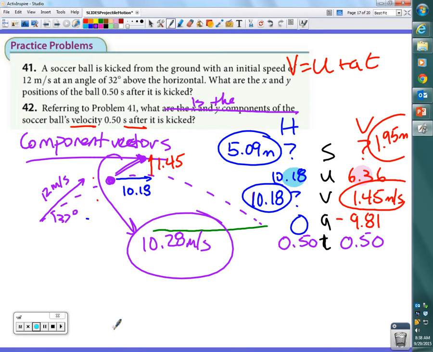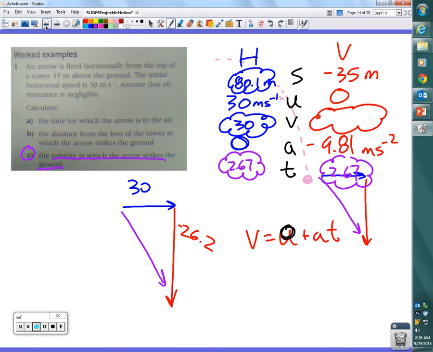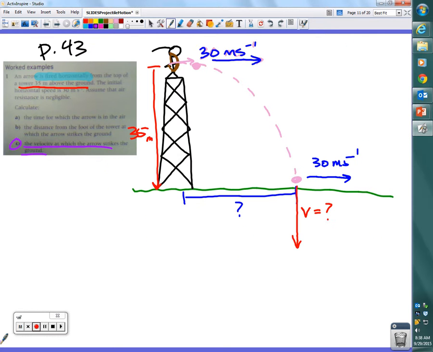All right, good there? So here in this problem, the big difference being in the problem that we did yesterday with the arrow being shot off of the tower, it became a projectile with a horizontal launch, where the initial velocity in the vertical direction was equal to 0 because it was moving horizontally when it came under the influence of gravity.